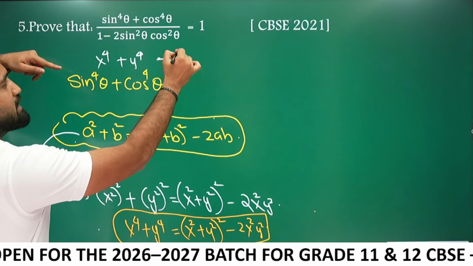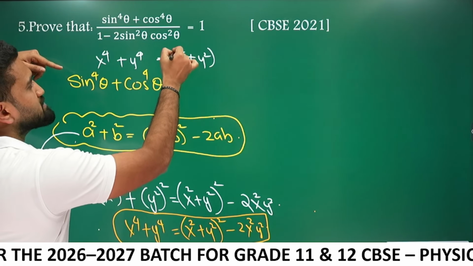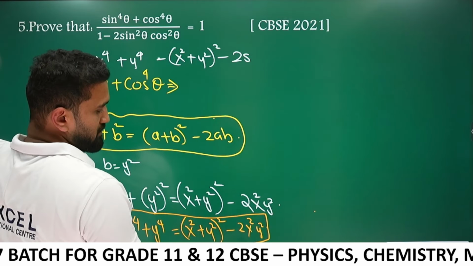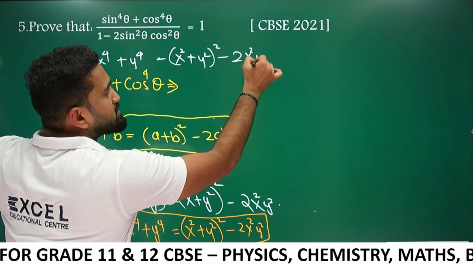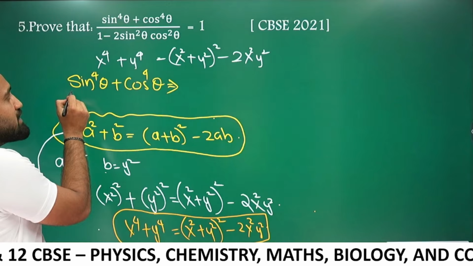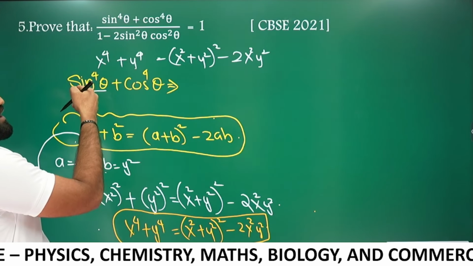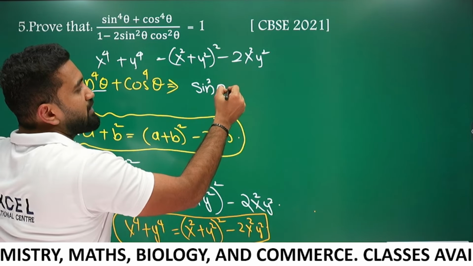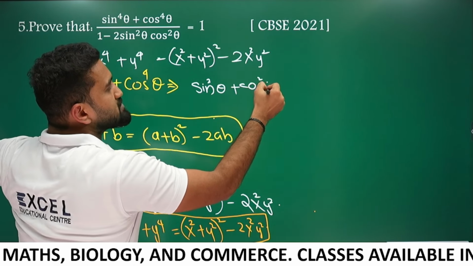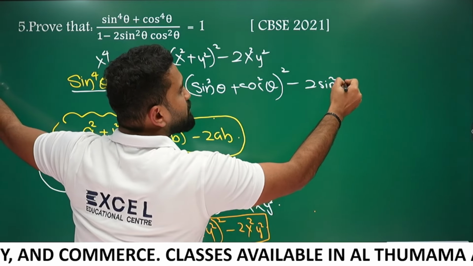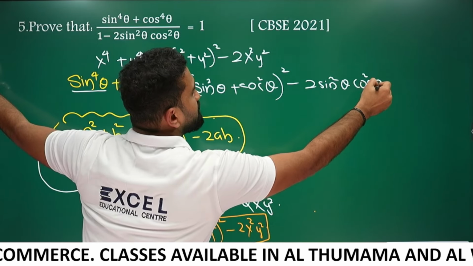It is x square plus y square the whole square minus 2 times x square y square. Now what is x square plus y square? Here x is sin theta. Therefore, this will become sin square theta plus cos square theta the whole square minus 2 sin square theta cos square theta.